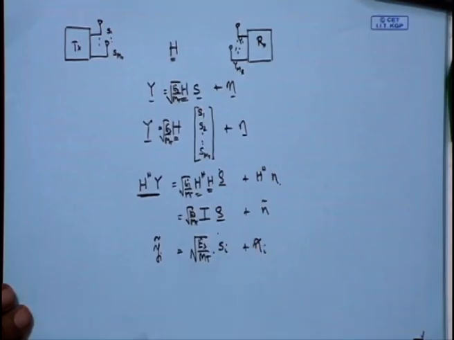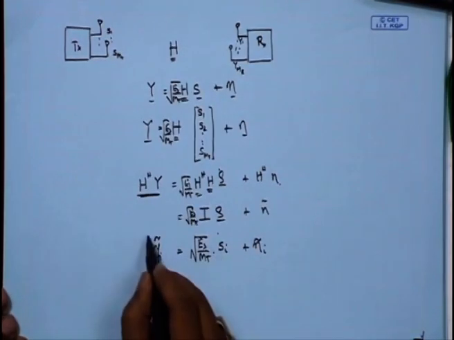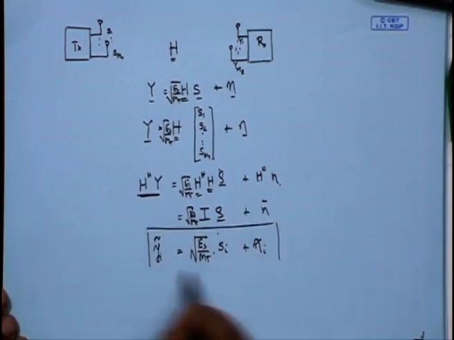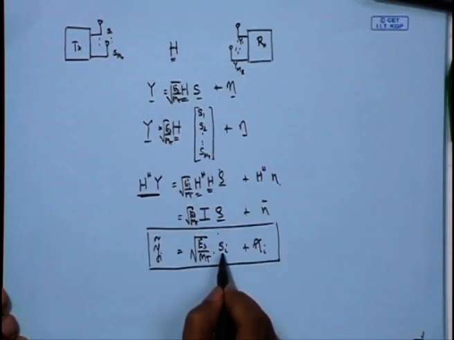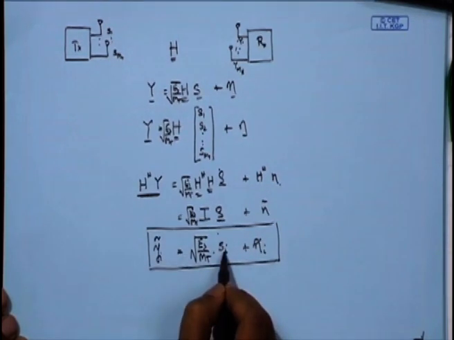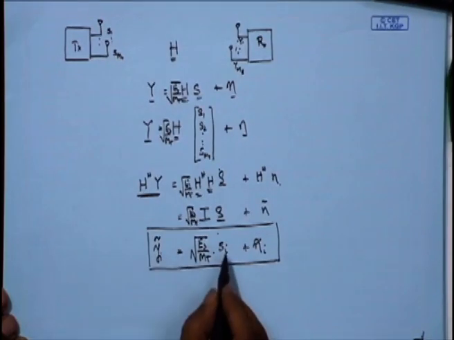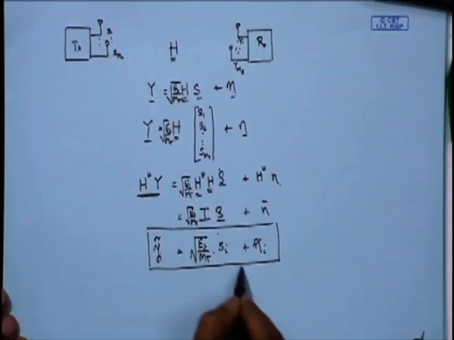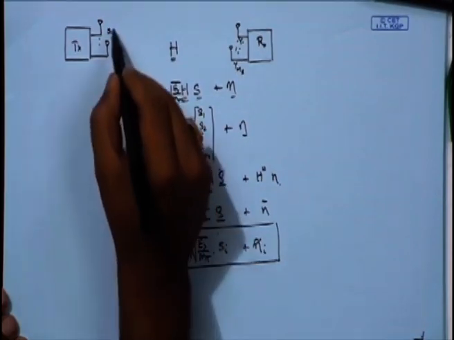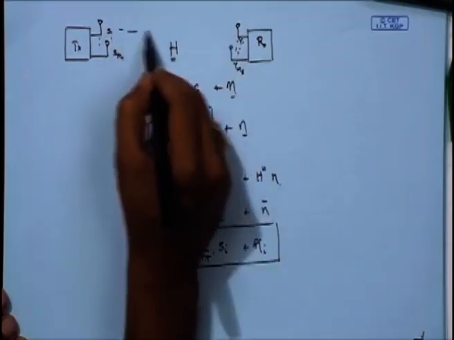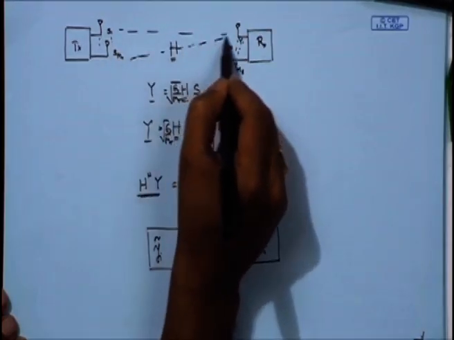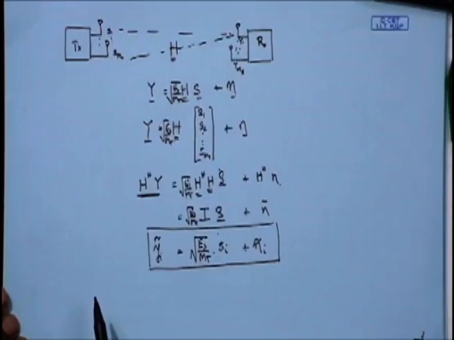What we can clearly see from this expression is that any symbol received in the corresponding branch of the receiver is not influenced by other symbols, whereas in a typical MIMO communication, whatever is transmitted from all the antennas gets added up together in any one of the antennas. So, if the channel is orthogonal, you can get that.